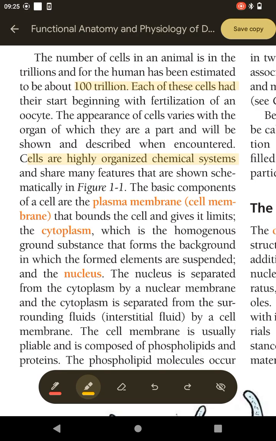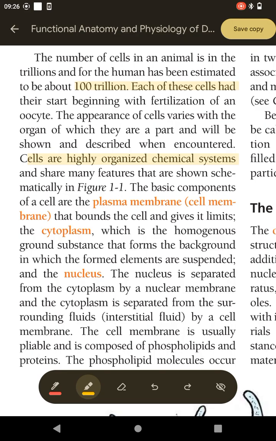Different tissues and different organs in the body have different characteristics of cells. They are specialized, like the nervous system has neurons, and blood has RBCs. Different types of cells in the body have different appearances.